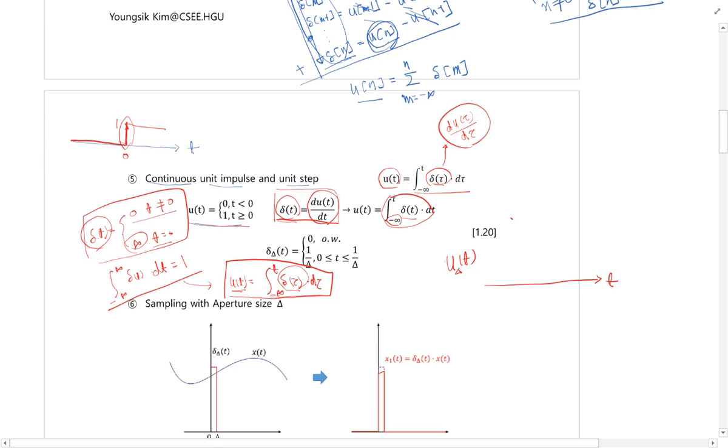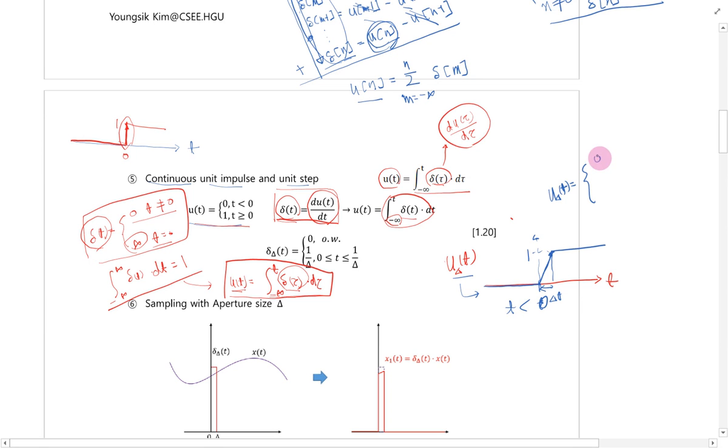Okay, this is t equals 0. If t is less than 0, u delta(t) is 0. And after some finite delta, it should remain 1. In between, there is some finite slope. So this function is defined as u delta(t). U delta(t) looks like this one.